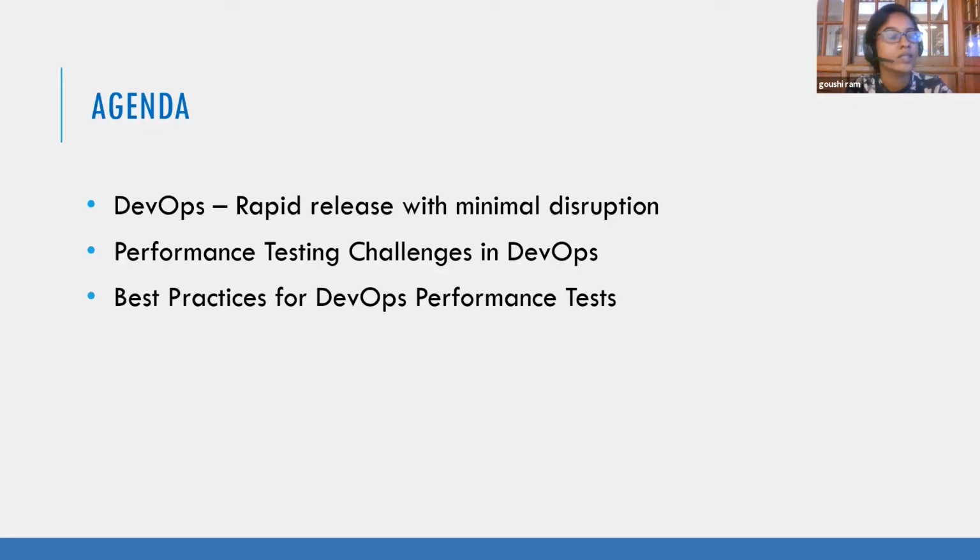In this session, we will start with a brief intro on what DevOps is, how quality is implemented within DevOps, and the challenges that we face when implementing this quality, especially when it comes to the performance aspect of it.